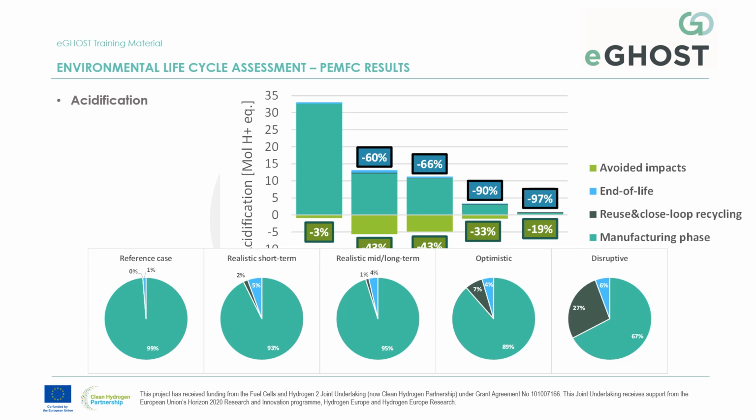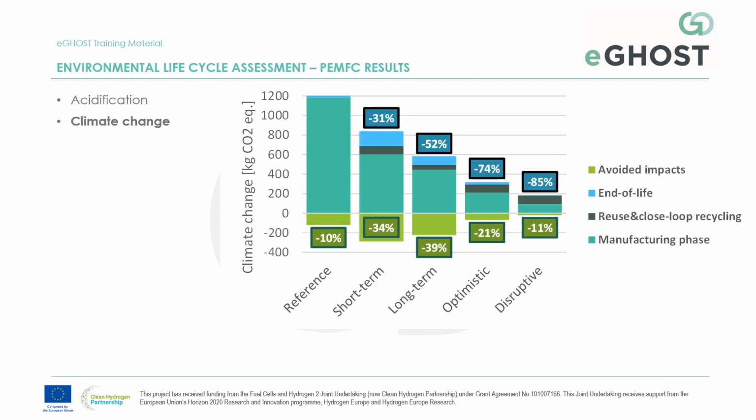As you can see, the manufacturing phase is the highest in each product concept, and the reuse and closed loop recycling becomes more and more significant with the disruptive product concept, but it's still not the main hotspot. Similar is for the climate change.